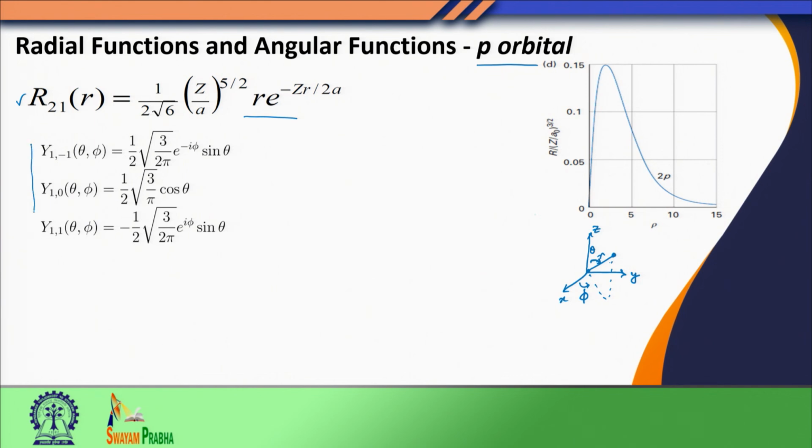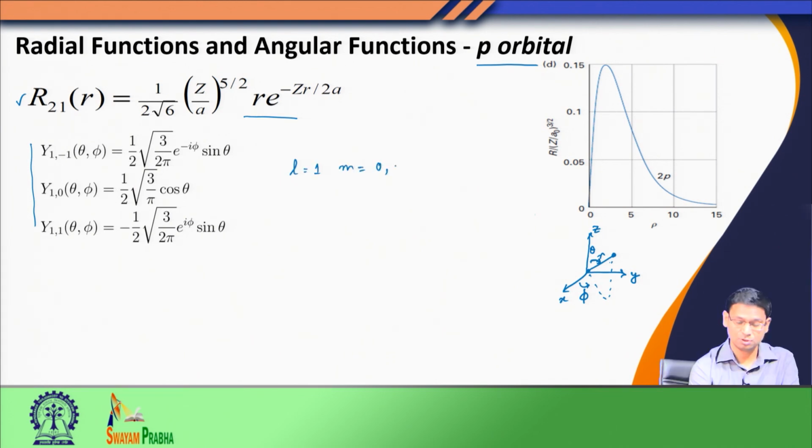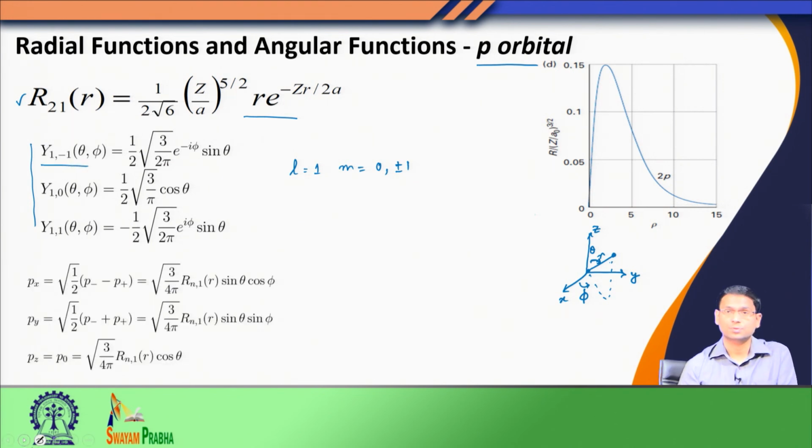Now, what I am showing here are the 3 angular functions corresponding to l equals 1. You remember when l equals 1, I have 3 different values of m, that is 0, plus 1 and minus 1. So, these are the 3 functions Y 1 1, Y 1 0 and Y 1 minus 1. One thing that you would notice is that these functions are in complex form, in particular in the phi coordinate. Instead of writing them in the complex form, I can convert them to the so called real form.